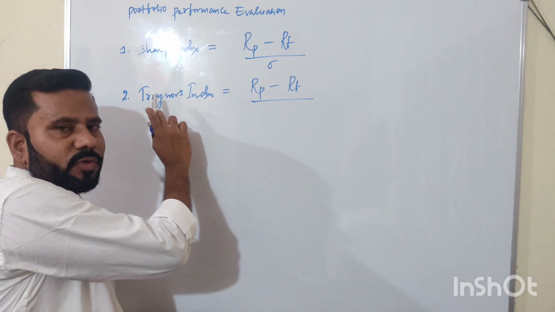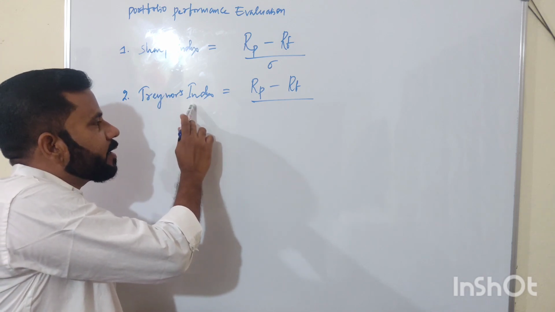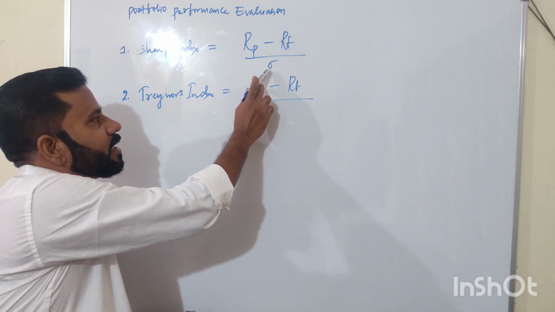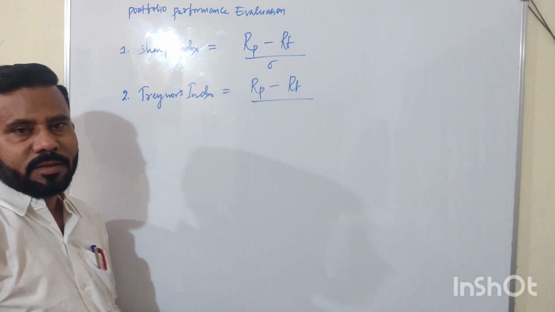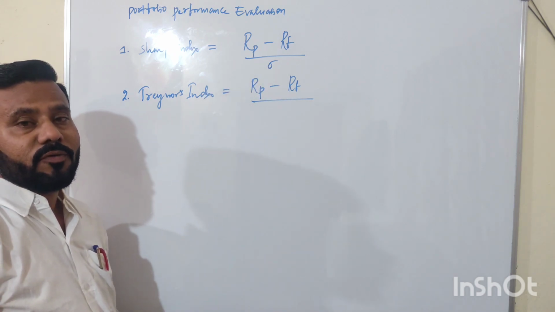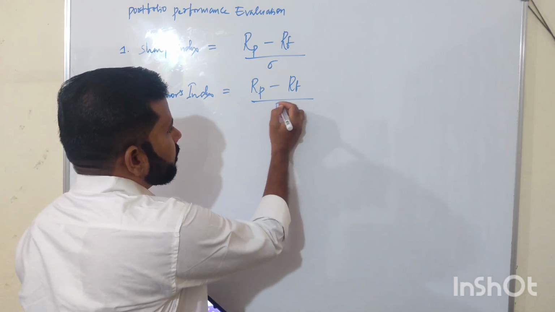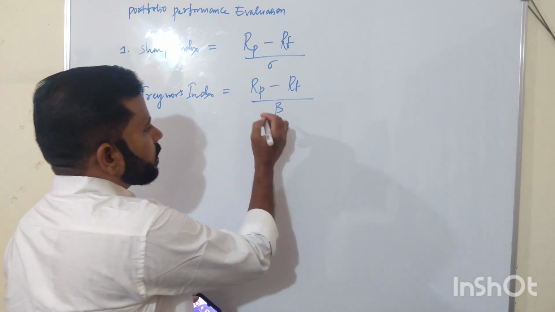When we calculate Treynor's ratio, at that time we don't need standard deviation. Then which information we need? We need beta. So this is very important.